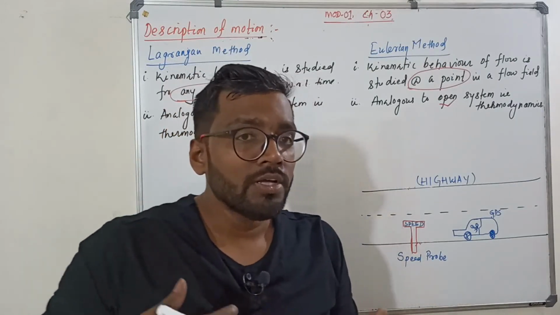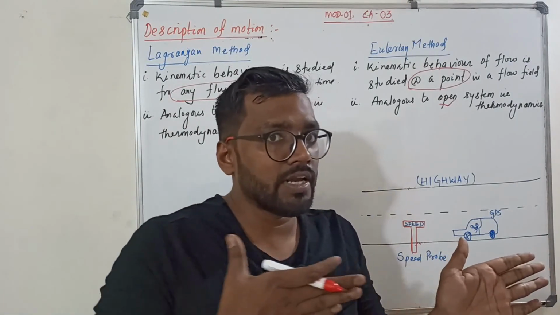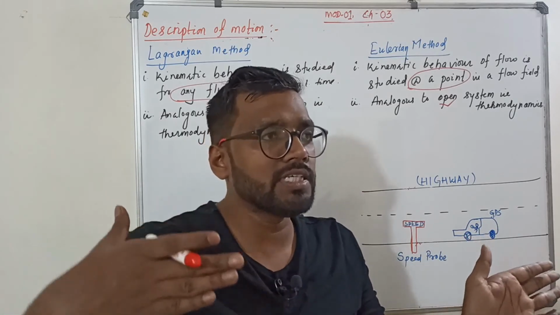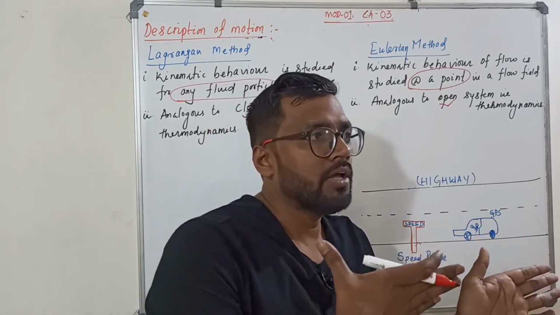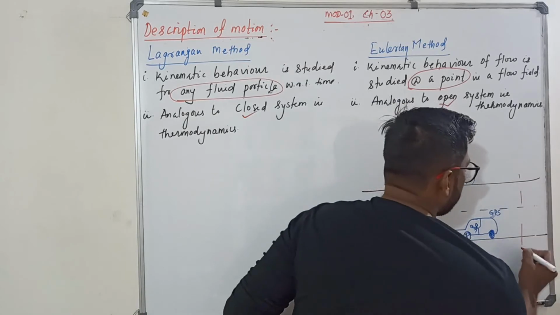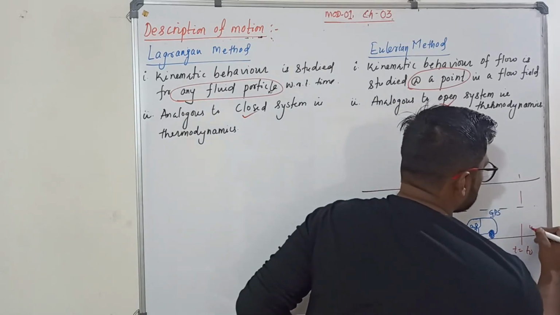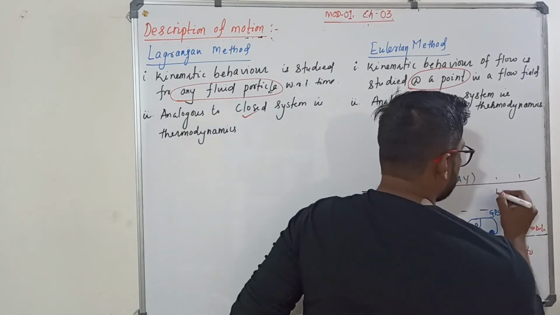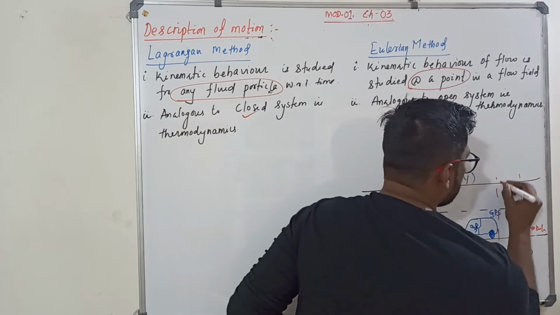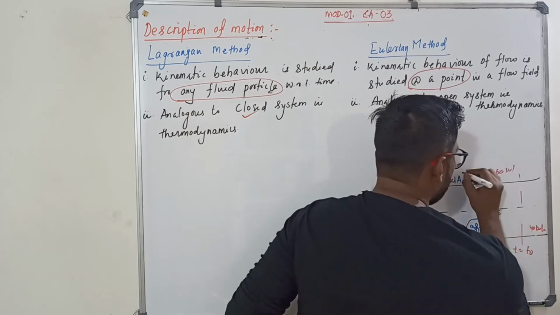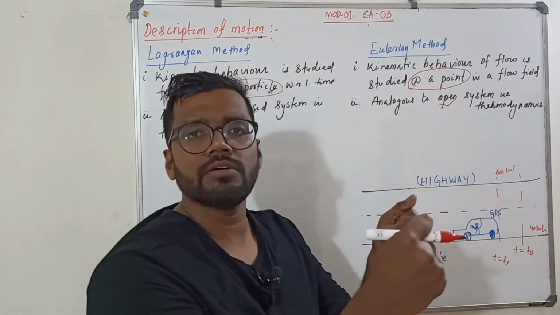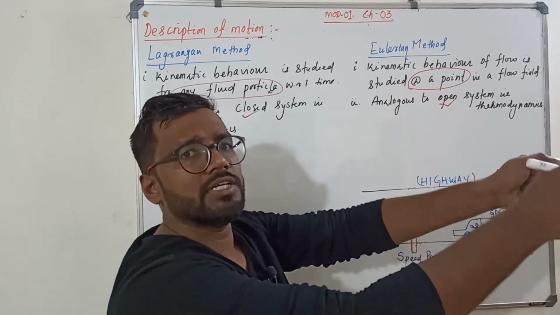So how does the velocity of your vehicle vary? At time t equal to t naught, you are at 40 km per hour. Then at t equal to t1, you are around 60 km per hour. Then in the next time intervals you have gone to 140, 160, 180 km per hour.